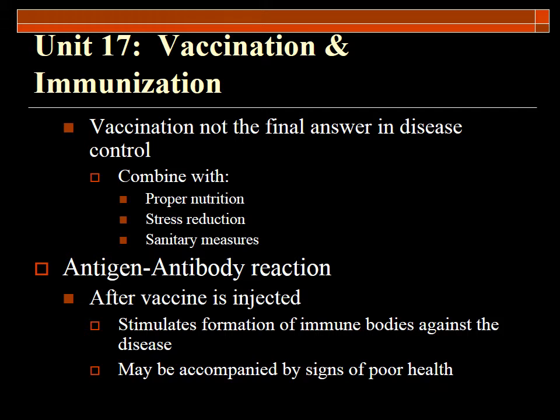When we look then at how physiologically vaccines work, we've got to look at the antigen-antibody reaction. So after we inject the vaccine, it stimulates the formation of those immune bodies or antibodies against the specific disease. And sometimes you'll see an accompanying sign of poor health.